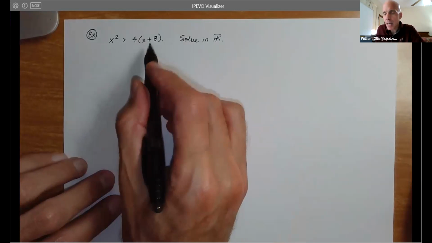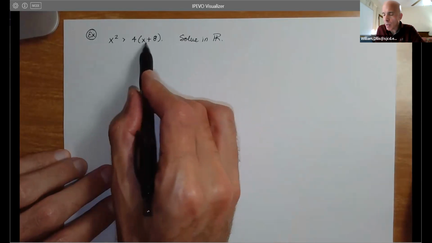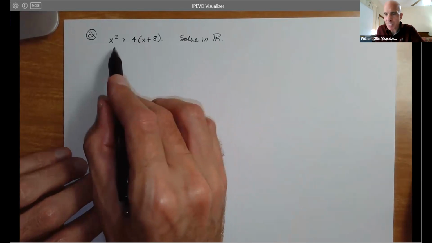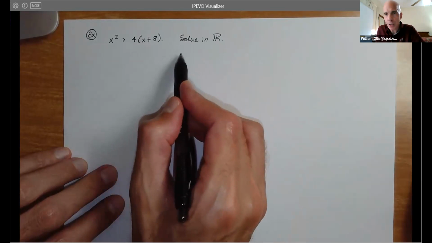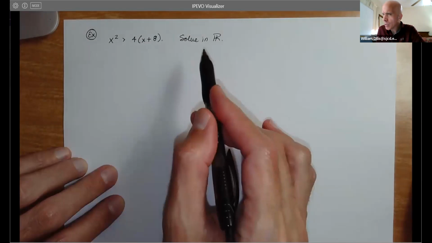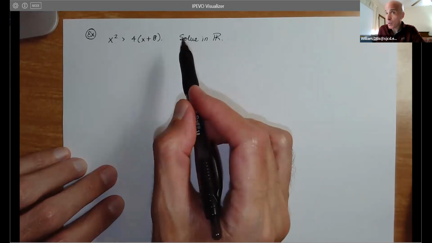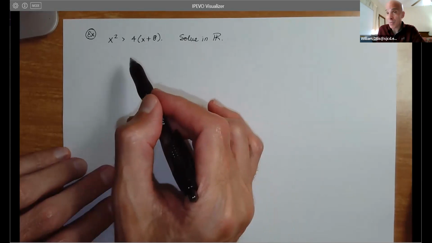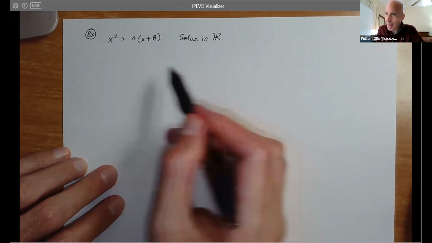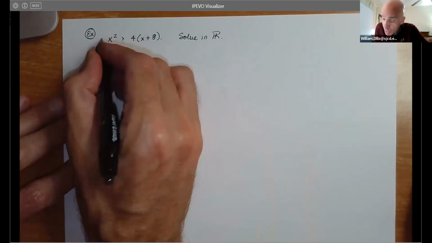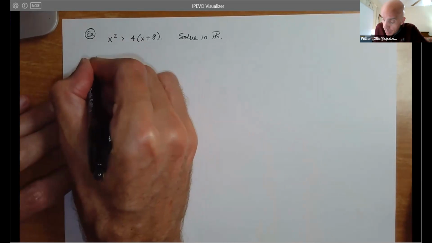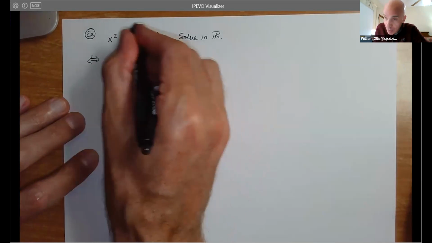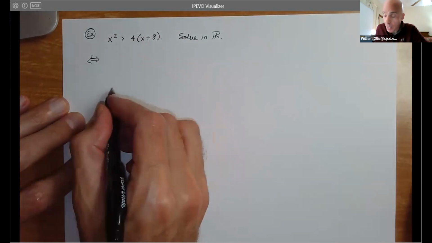For instance, if I subtract this from both sides and get a 0 over here, can I compare to 0 and figure out where the expression is positive? Would that be easier? Absolutely. So when we do this problem, we make a 0 by moving this expression to the left-hand side.